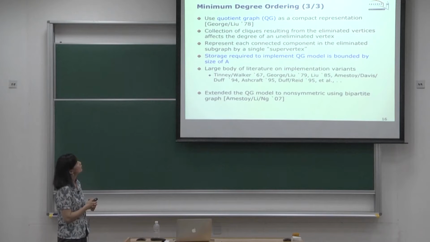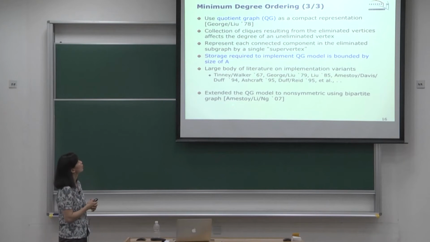Also in implementation, there are a lot of papers about different variants, with very detailed issues. With all these heuristics, every little thing requires a decision, and different decisions give different variants of the algorithm. And a few years ago, the model I talked about was for symmetric matrices.